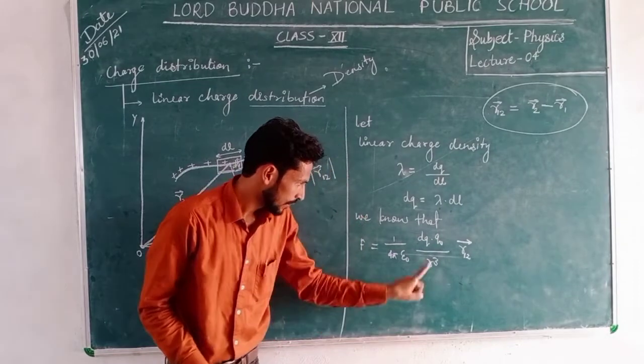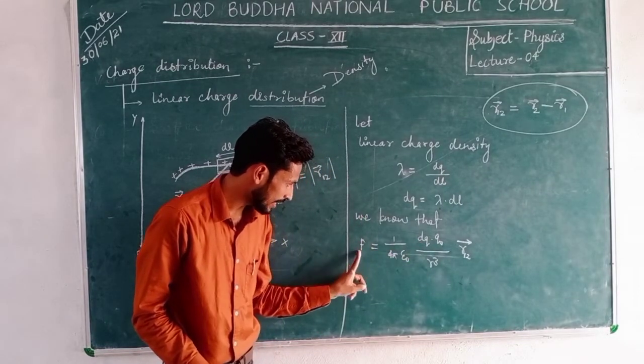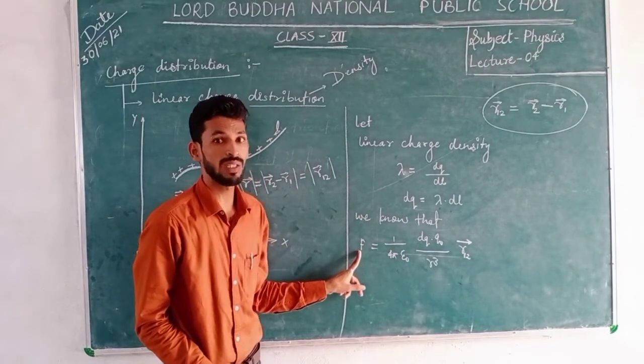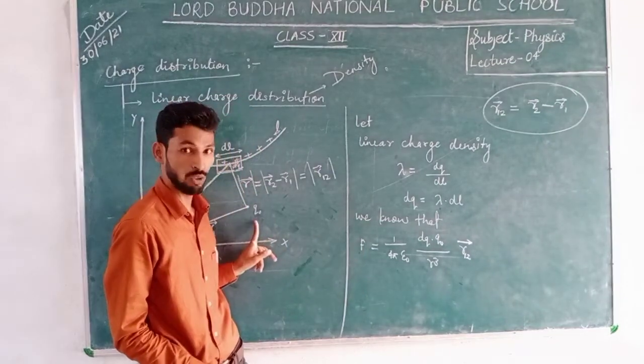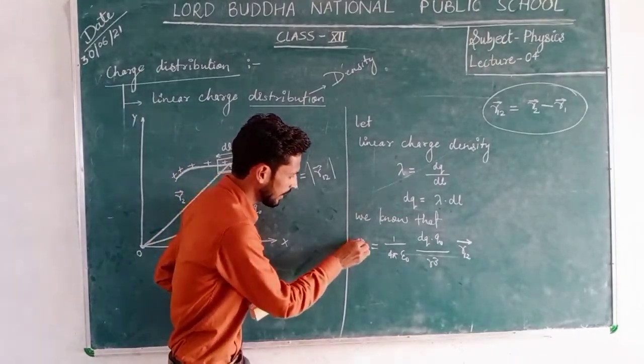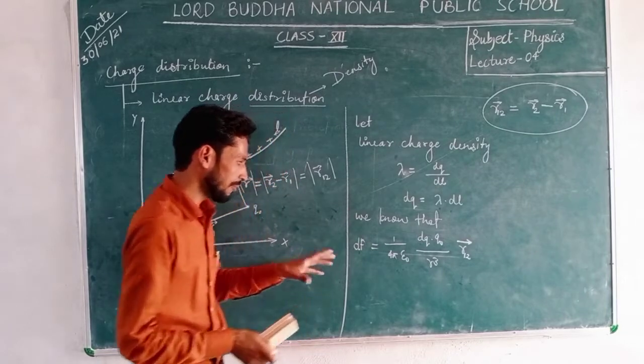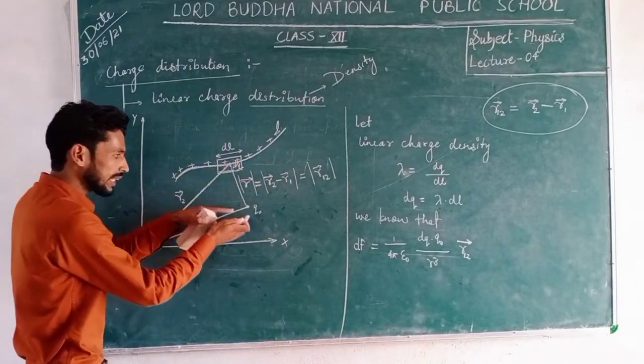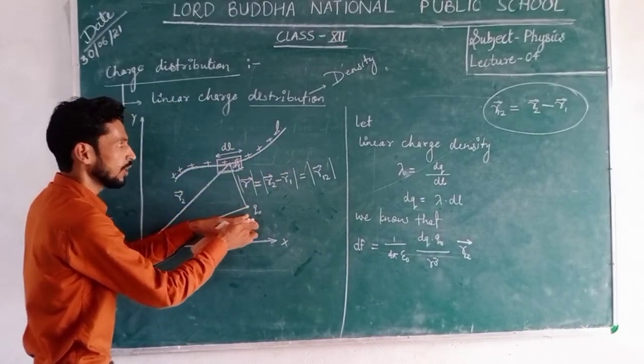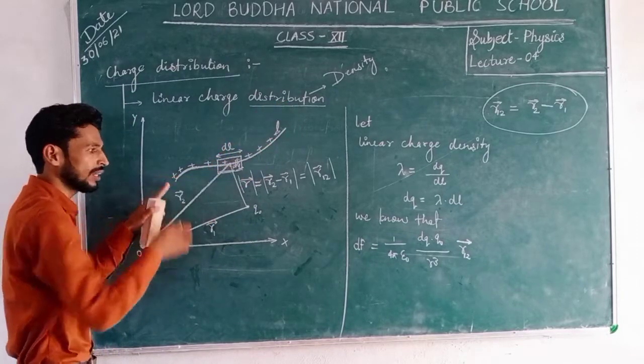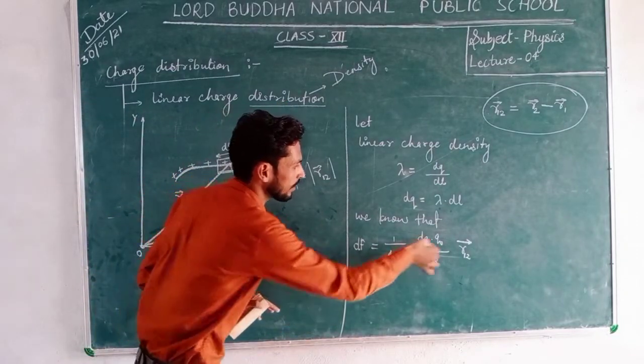Remember one thing, there is the dq, so the small force will act on charge q naught. So write dF. If we want to calculate the total force on charge Q naught with the effective length L, then we have to integrate this formula.